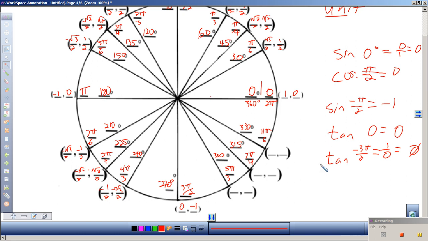Over here it's the same numbers, just with y being negative, because x is positive: 1/2, negative root 3 over 2; root 2 over 2, negative root 2 over 2; and root 3 over 2, negative 1/2. So if you can get the first quadrant down, you get the rest of it very easily. Now, an interesting pattern emerges up here.